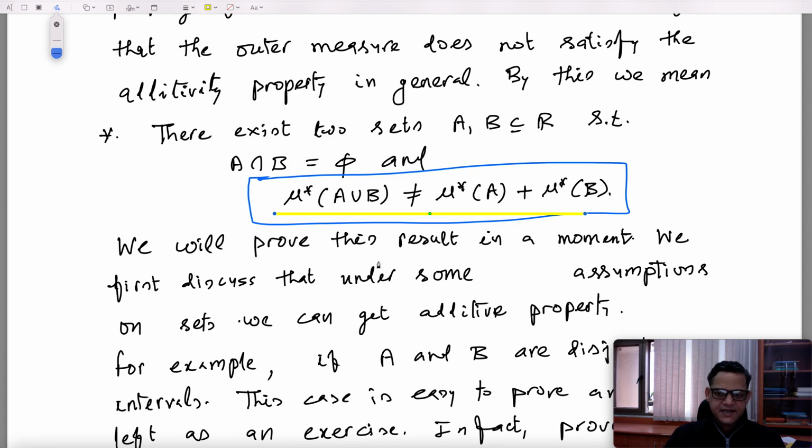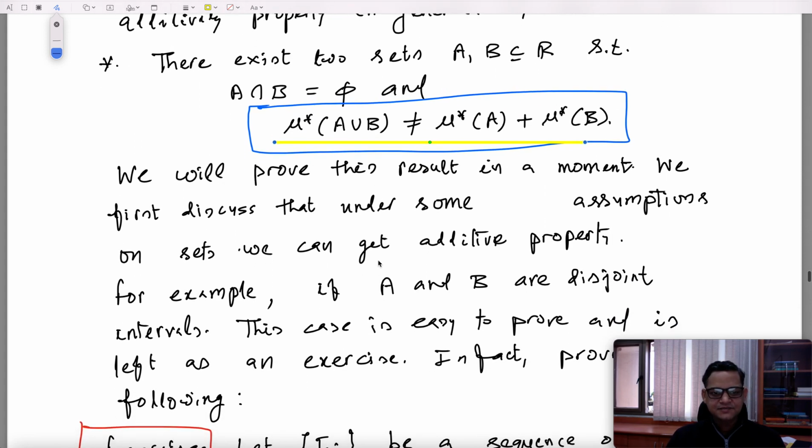But before getting into this, let us recall that there are certain nice situations where we could prove that outer measure satisfies the additivity property. For example, if you are working with intervals.